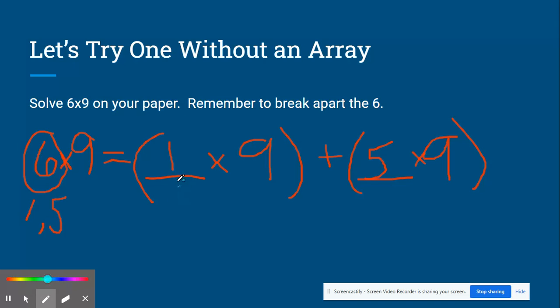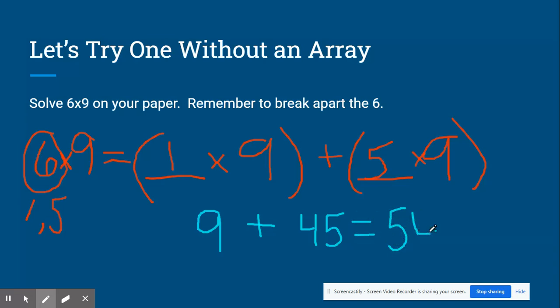And if you solve these, it should have been 9 plus 45. And then when you added those up, you should get 54. Okay? Check your work, see if it makes sense, see if it matches, and let's begin.